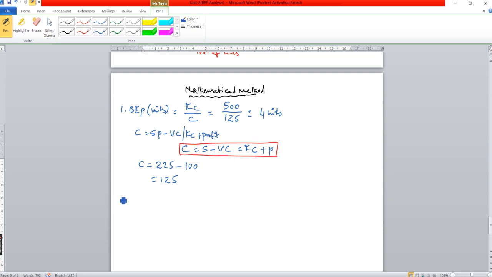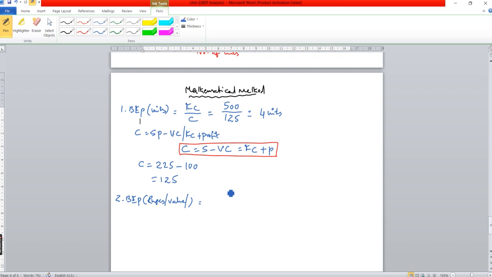And using the same data, we can also calculate the break-even point in terms of rupees or value, also called total value.